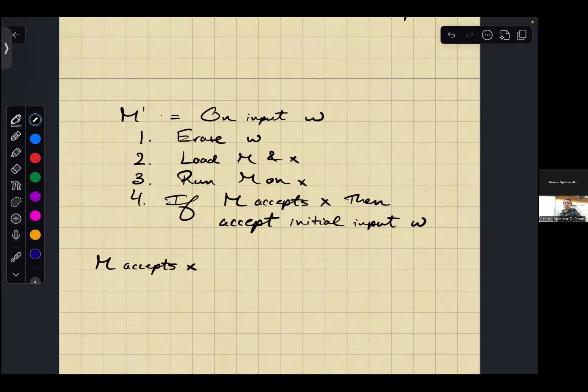If M accepts X, then M prime does all this stuff. It runs M on X, and eventually M accepts X. So then this if statement evaluates to true.